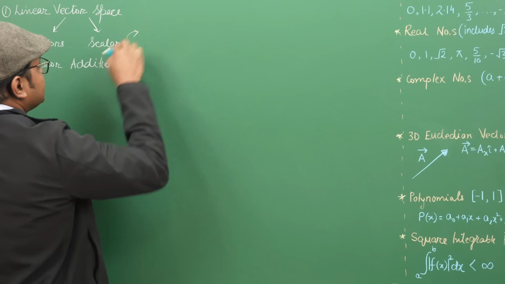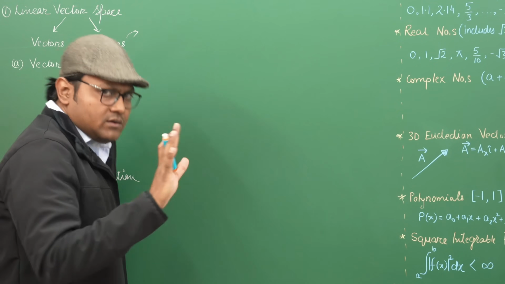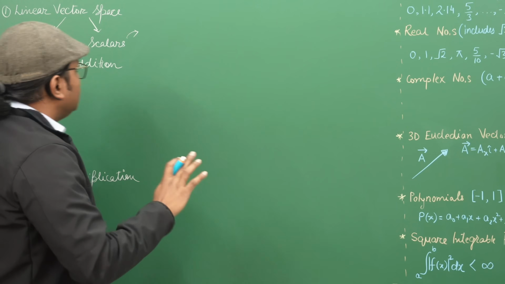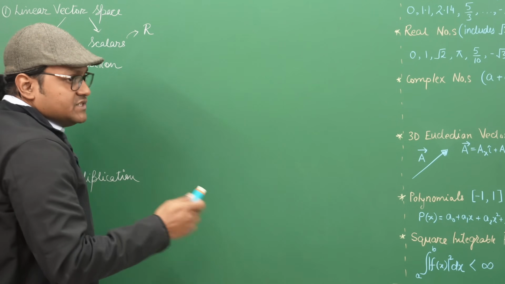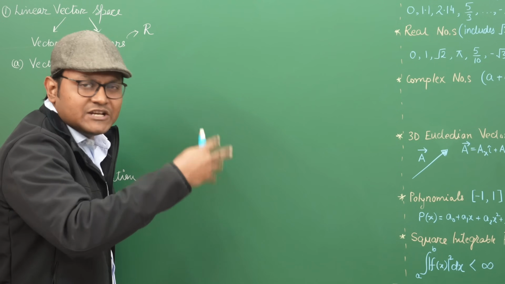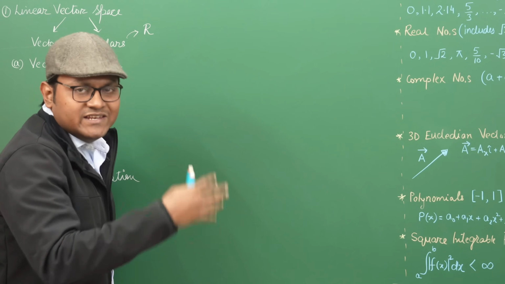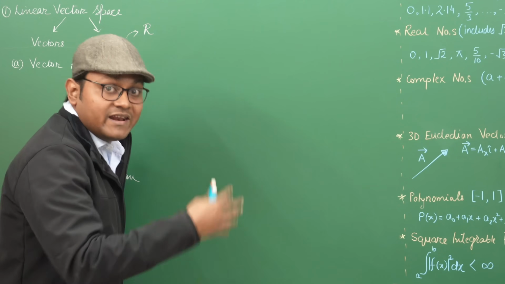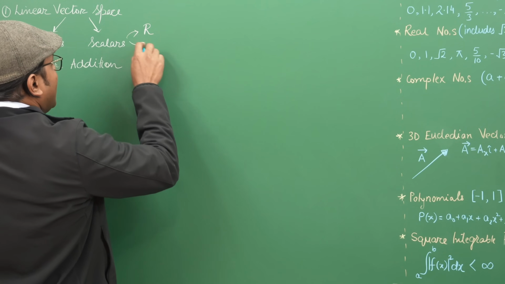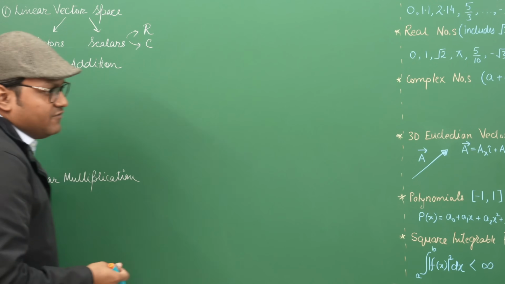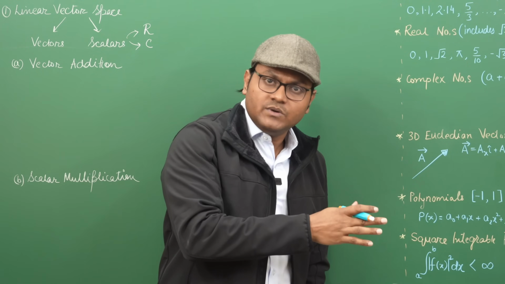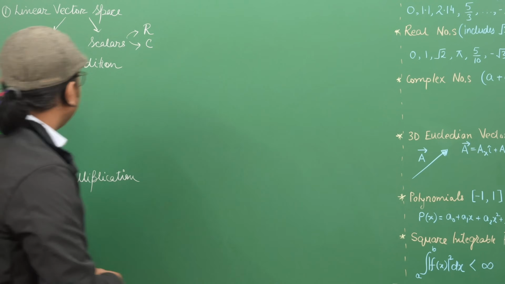Whenever we say scalars, by convention we usually take the real number space, which includes rational numbers, fractions, integers, negative and positive numbers, irrational numbers, etc., and complex numbers. So we can sometimes define vector spaces over real number space or sometimes over complex number space.